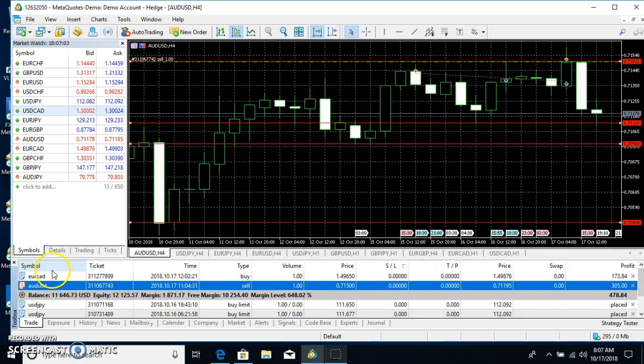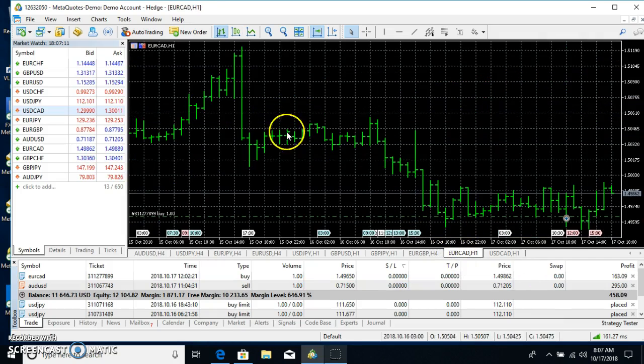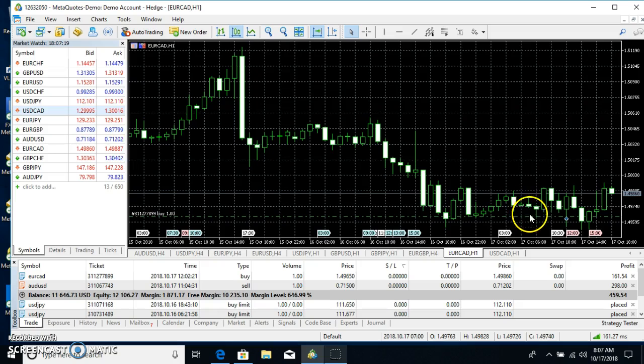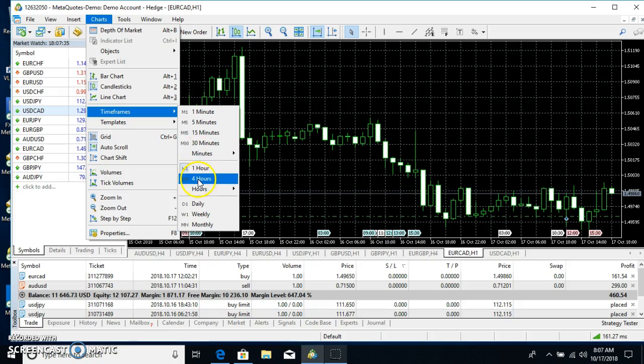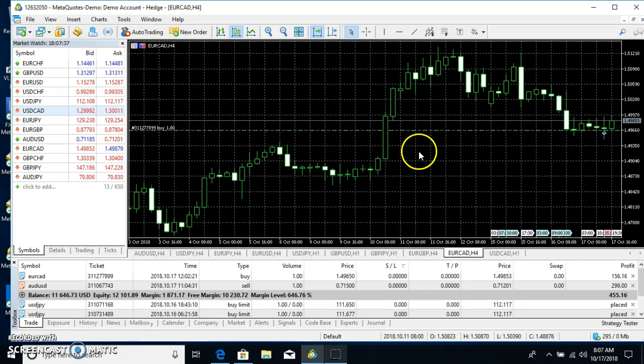the Euro Canada, let's look at that one. Change the candlestick. It went up. The Euro Canada. Our chart is going down. I think it's going to continue to go up. But let's look at the 4-hour chart. I put the pending order.